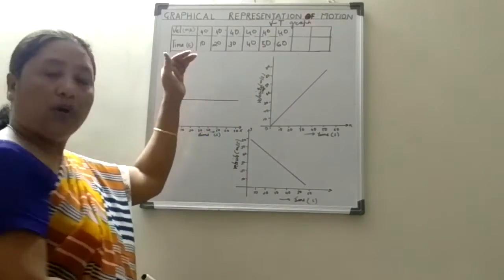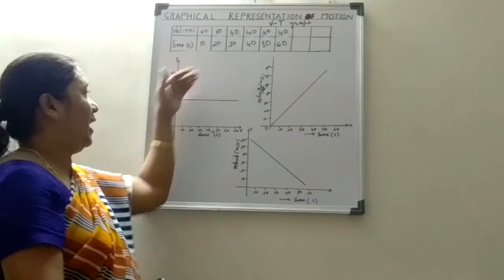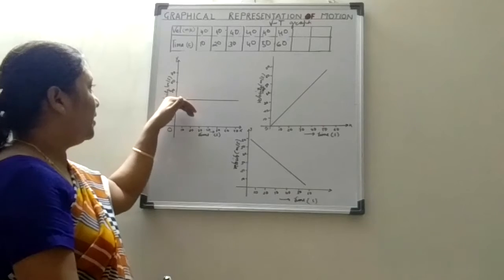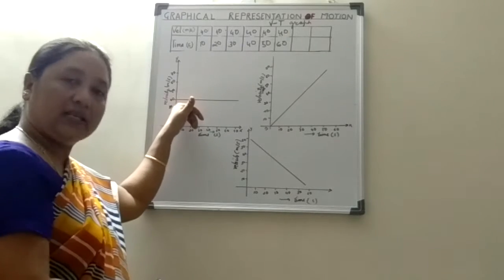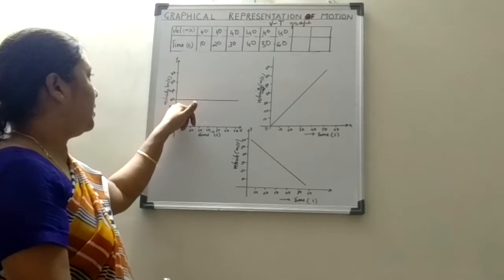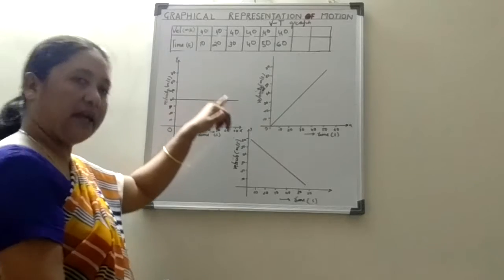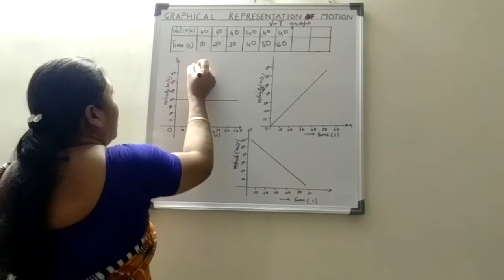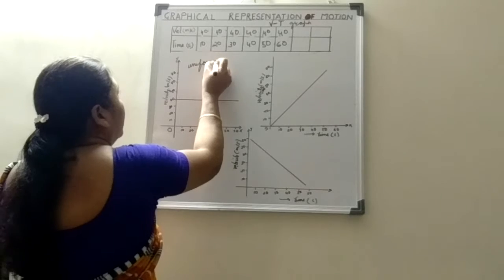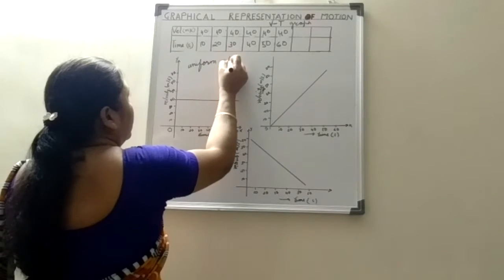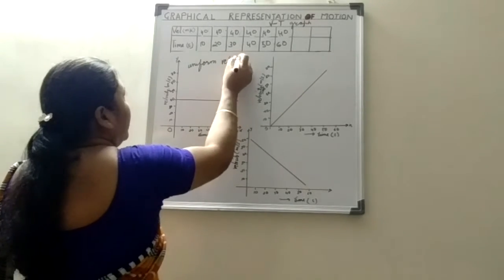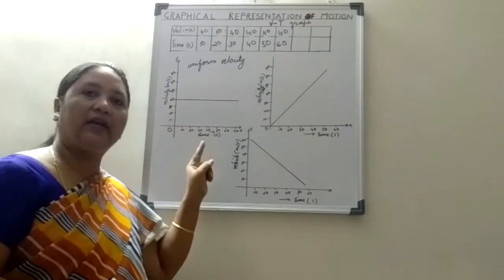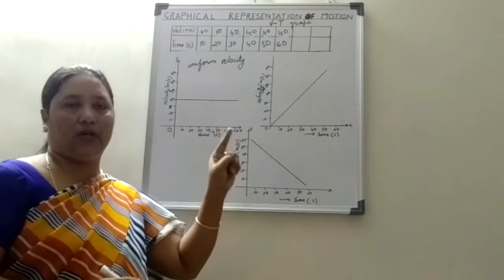Like this, what we are seeing is that in every 10 seconds, the velocity remains the same, 40 meter per second. In the next 10 seconds it is again 40 meter per second, which means we have uniform velocity. A car, or a vehicle, is moving with uniform velocity.